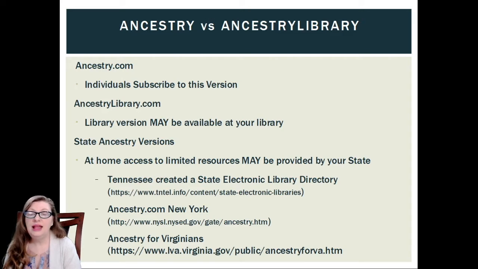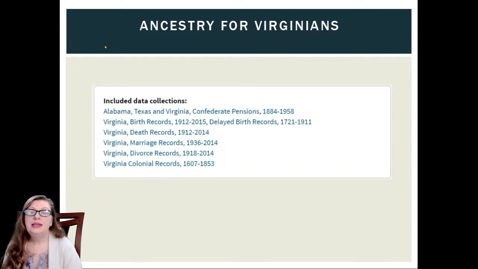I do know that New York and Virginia both offer some sort of Ancestry database that you can look at from your home. Now, you have to be a resident of that state to access that state's database. I'm going to show you an example of what Virginia offers. It's called Ancestry for Virginians, and it's not the entire Ancestry database, every record that they have.